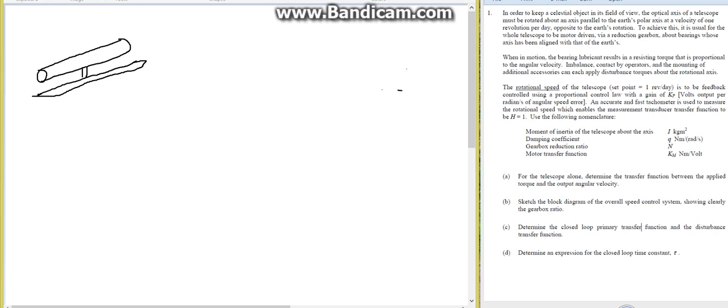Okay. Now what this entails is this object would move about the plate's motion, or the plate's rotation. So you can control this telescope via this plate here.